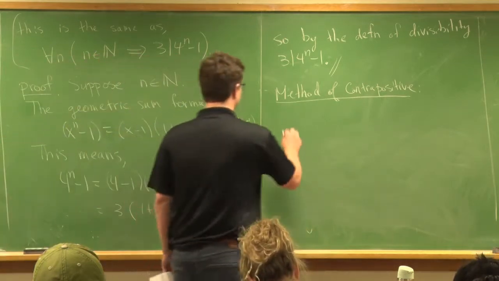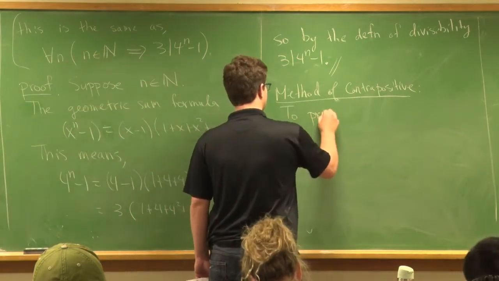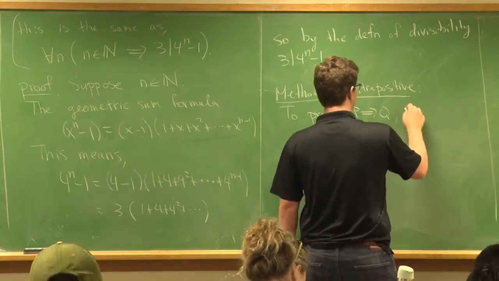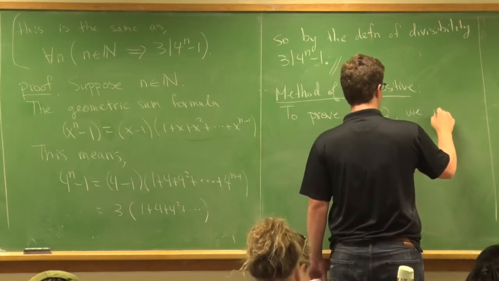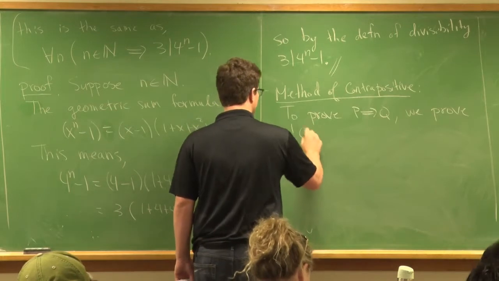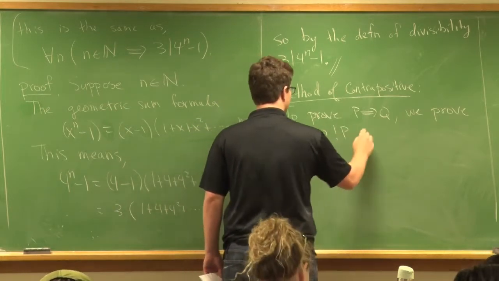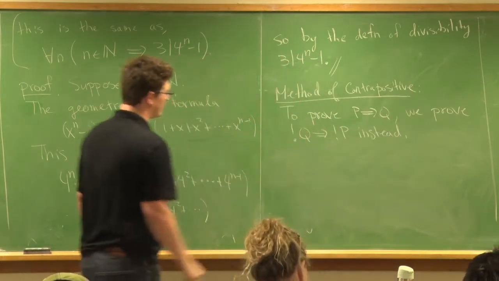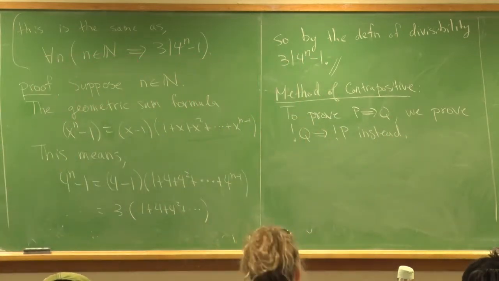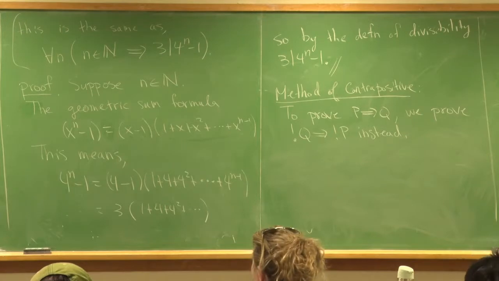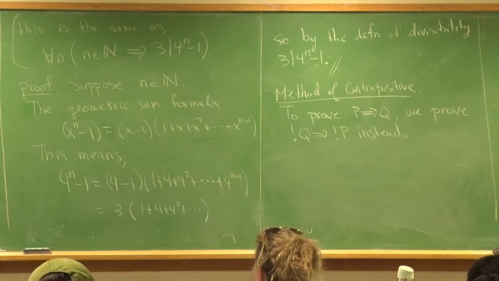To prove P implies Q, we prove not Q implies not P instead. What we talked about before is that P implies Q and not Q implies not P are logically equivalent. Sometimes the statement not Q implies not P is an easier one to do.